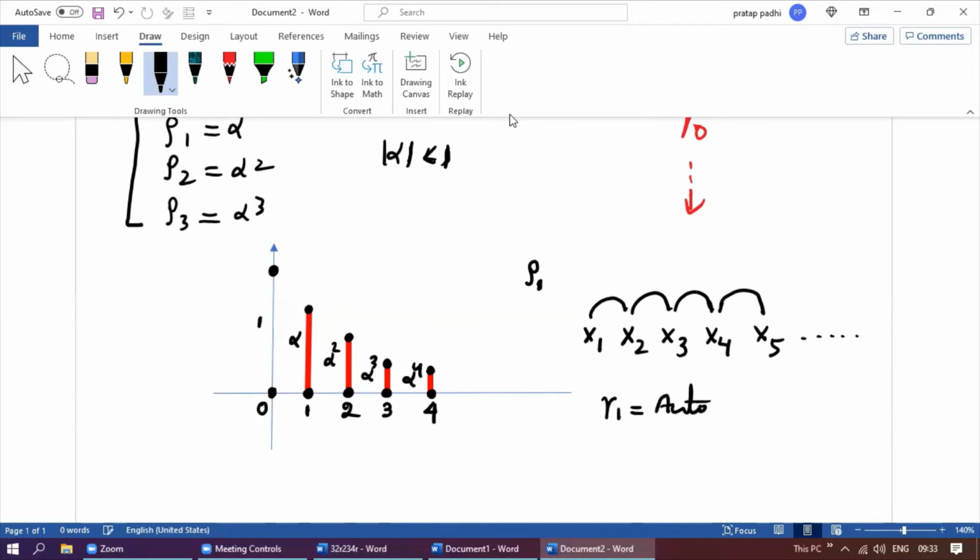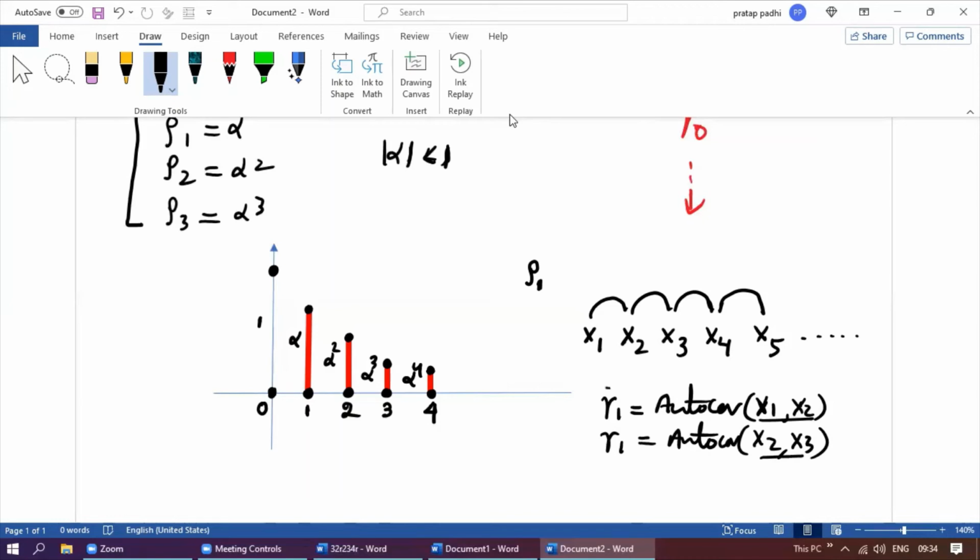Autocovariance between x1 to x2, you write x2 to x3, same you will get gamma 1, because we say this will remain the same when the lag is same. When you talk about one time period, it should not be different.